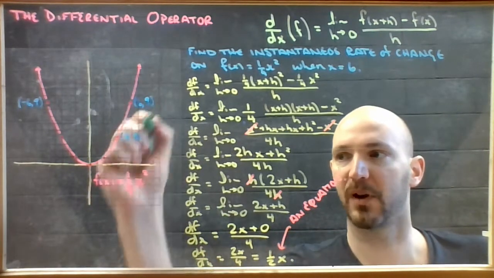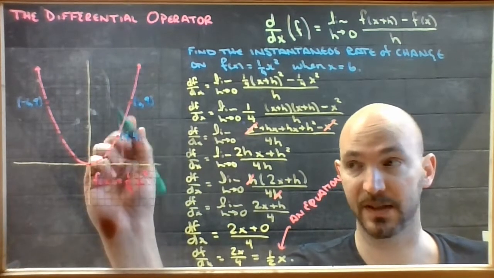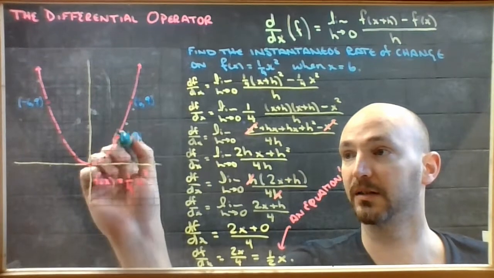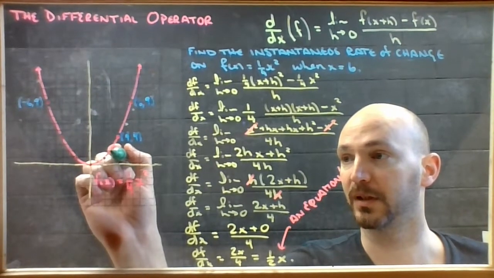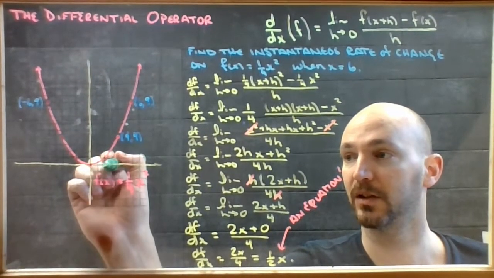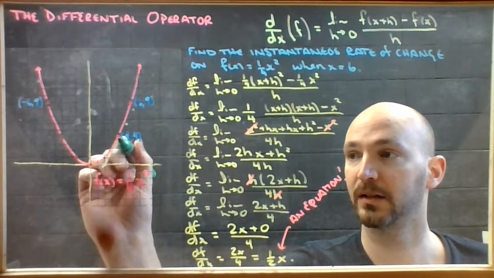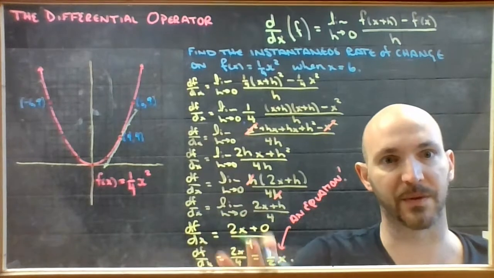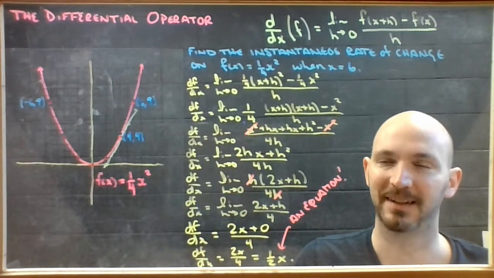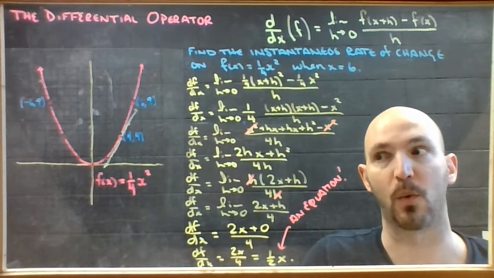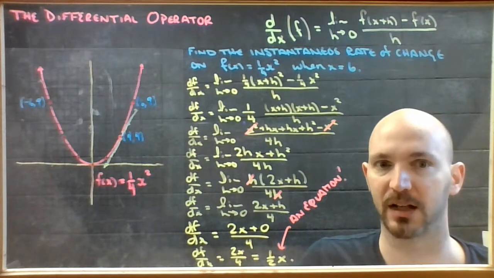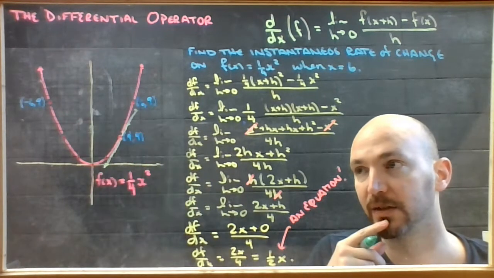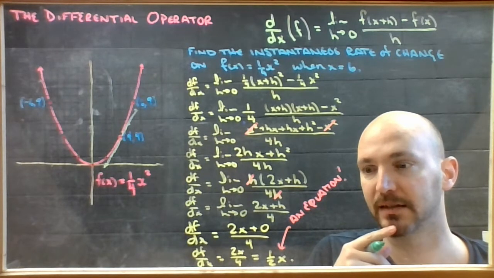So if from here I draw a line with slope of 2, up 2 over 1, up 2 over 1, and then down 2 over 1, down 2 over 1. Look at that. I get a beautiful tangent line. And I did it by doing this process once instead of once for every dot I want to check. Let's try it on the other side using -6 for my x.